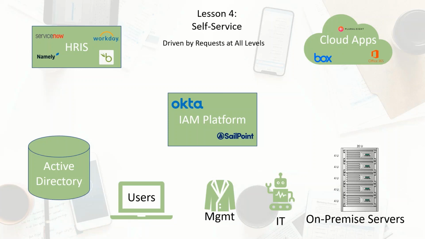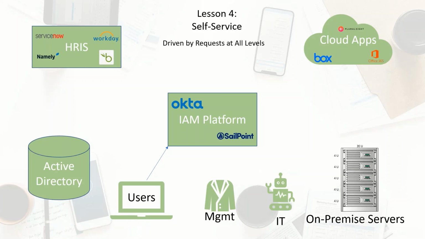And generally, the way that we will work that, how we'll get that implemented, is those requests will originate with users. We'll enable our users to connect to the identity platform and put in requests for the resources, applications, and so on and so forth that they need from their end. That will allow them to really drive this themselves and not have to add in a lot of extra steps.